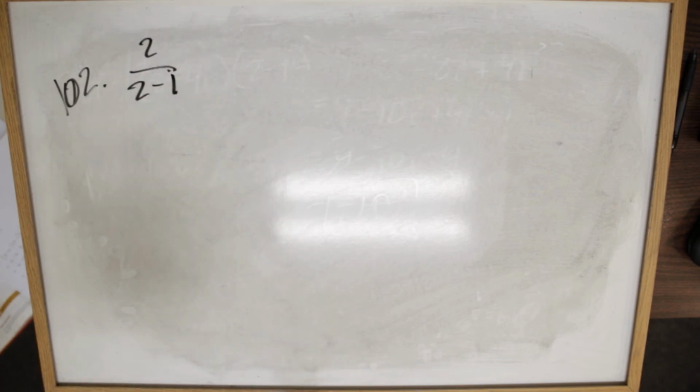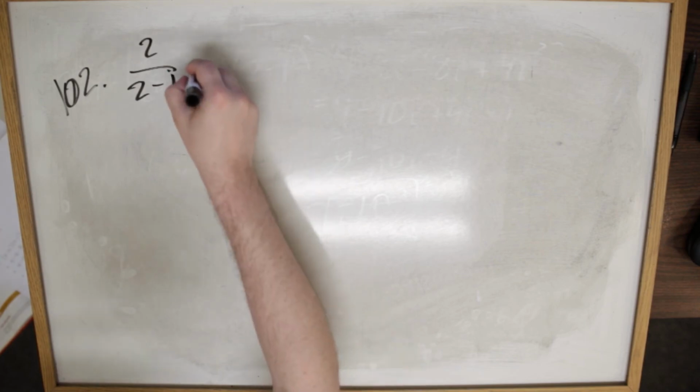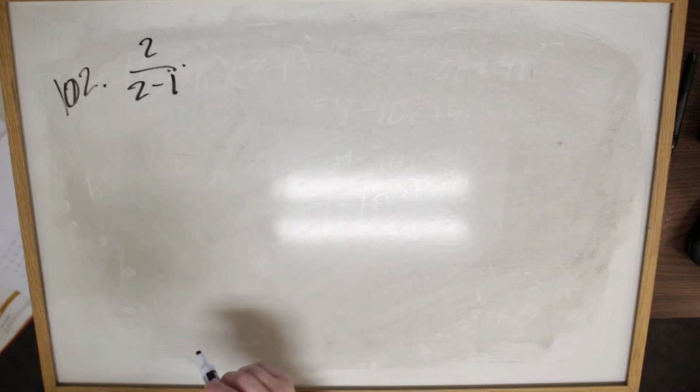Now, the thing is, when we have to put it in standard form, we cannot have a denominator. Okay? You cannot have an i in the denominator. So, this specifically is where we introduce the idea of a complex conjugate.